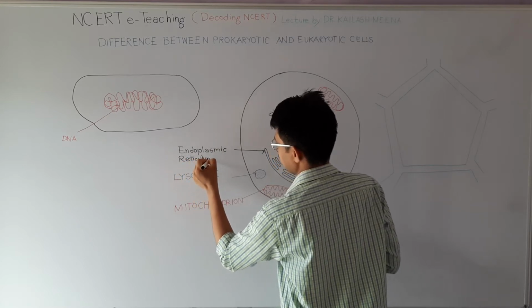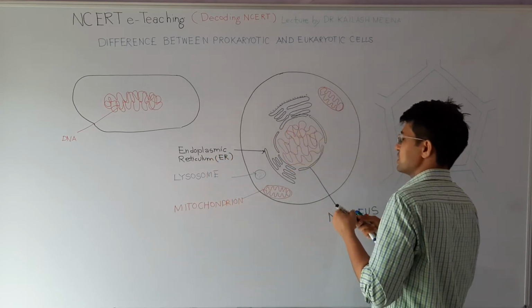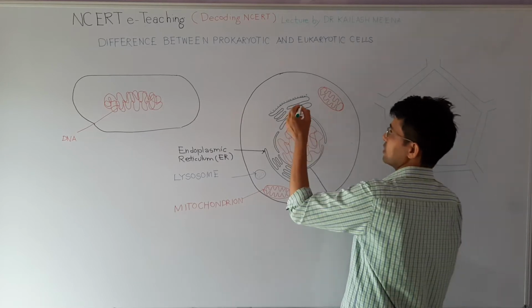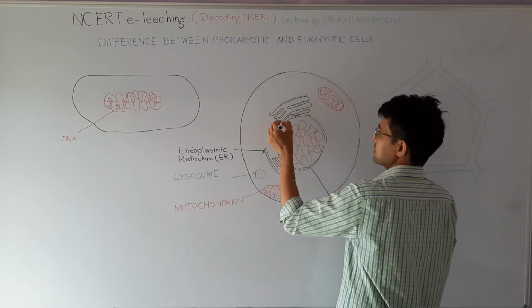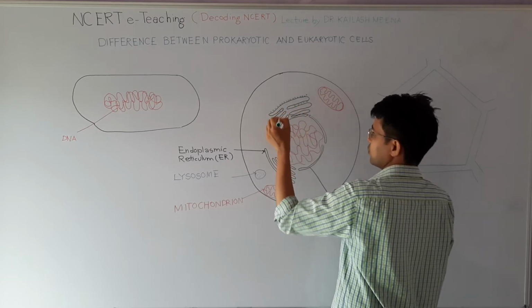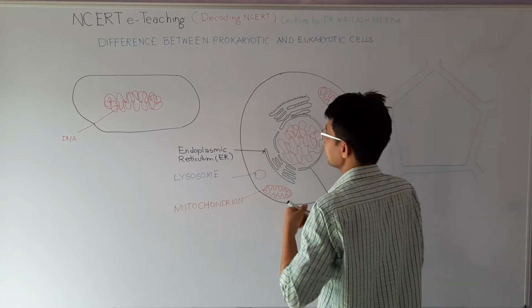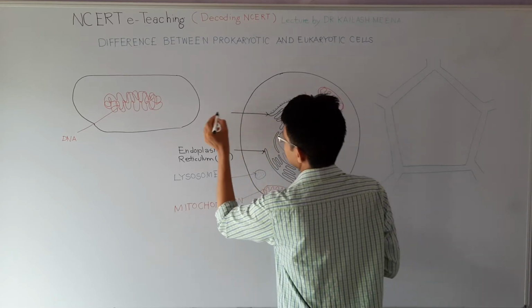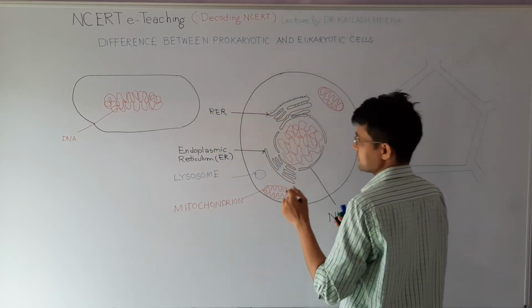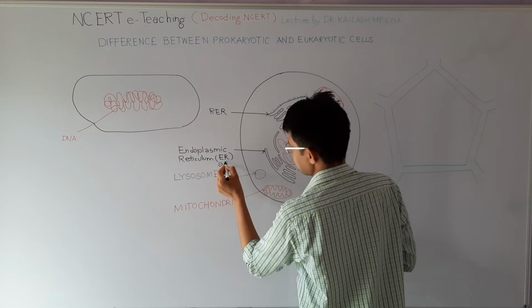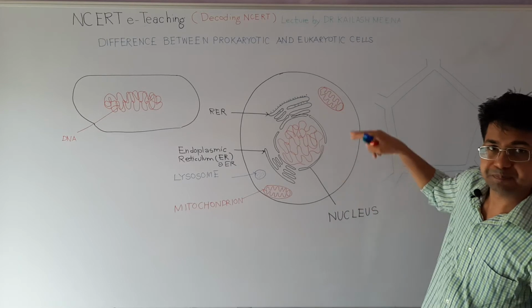So here you can see there are some grains or particles attached on the surface of this ER. Both of them are ER. So we will call this ER rough endoplasmic reticulum, because the surface is rough because of some particles, and this we can write as smooth endoplasmic reticulum. So the eukaryotic cell has many compartments.